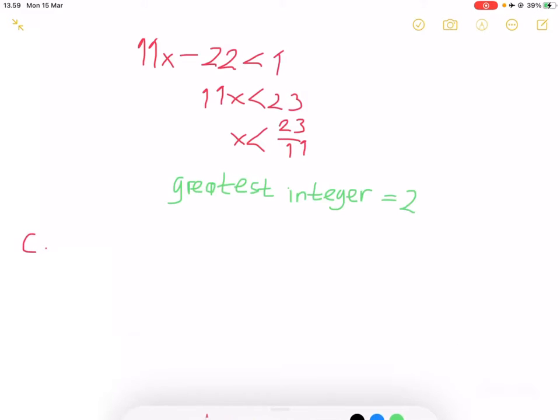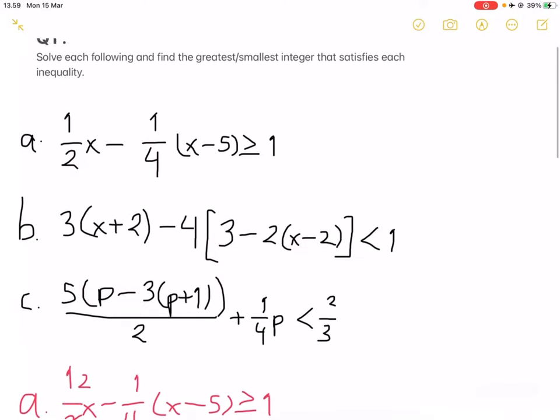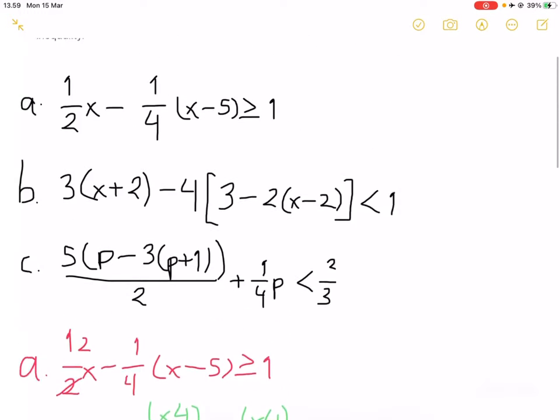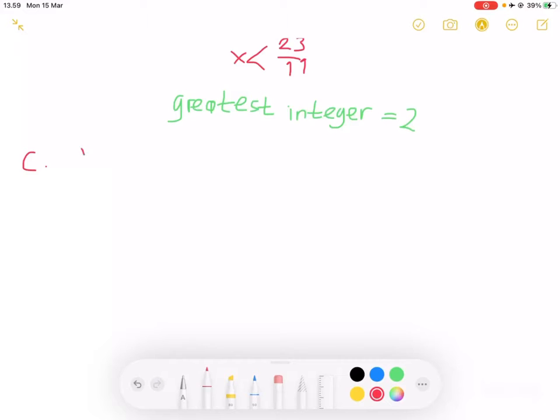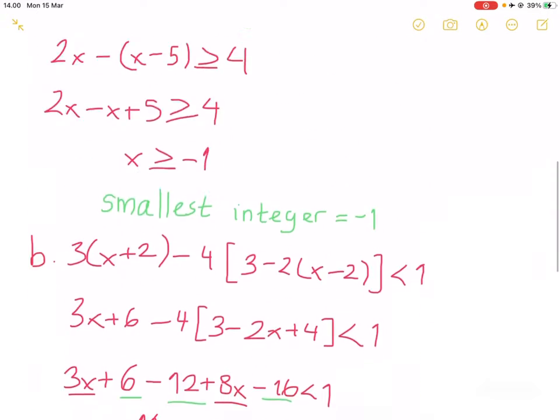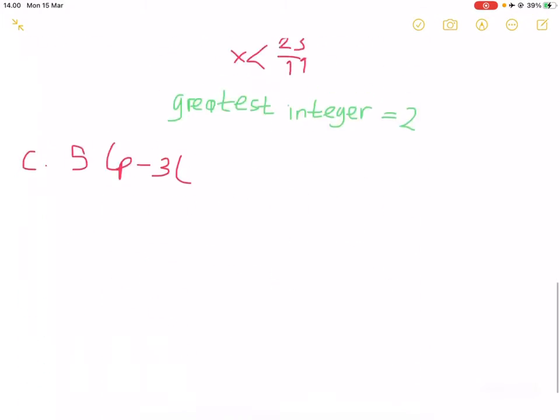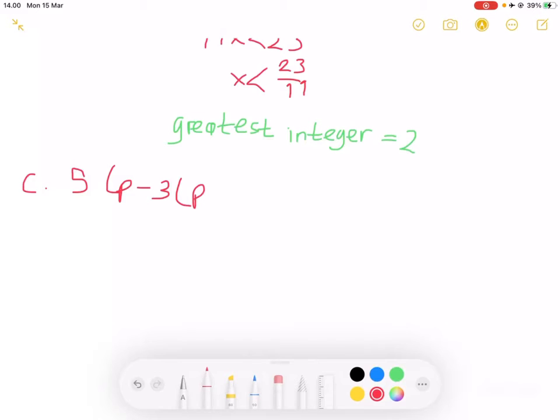The final part of this question, part C, is 5 times p minus 3. Actually, I'm just going to rewrite this. So I have p plus 1 over 2 plus a quarter p is less than 2 over 3.